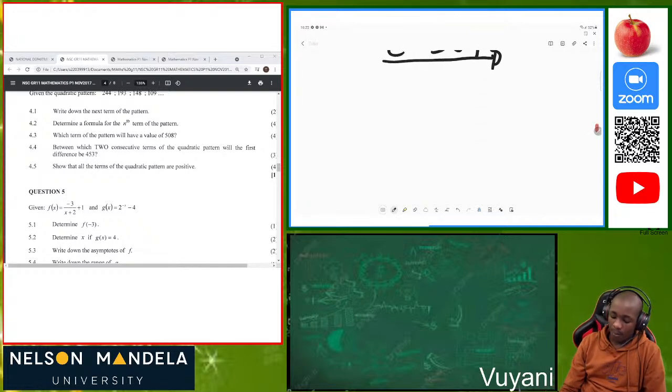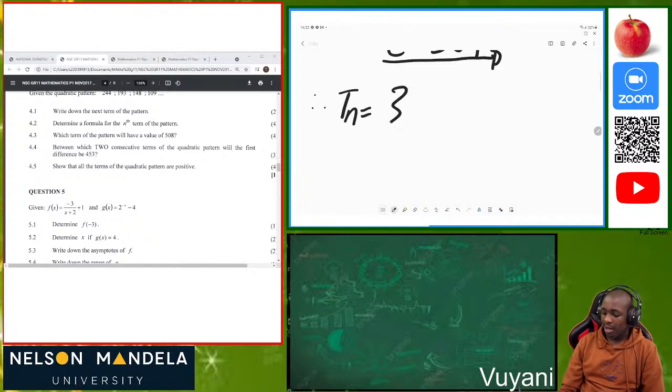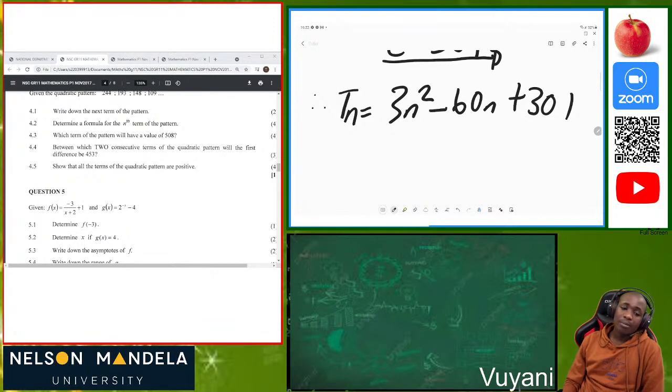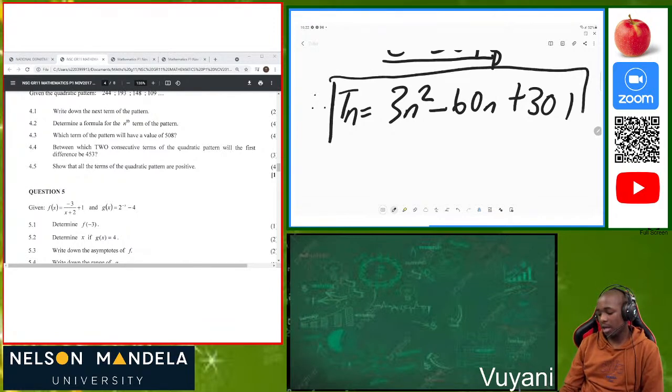Therefore, our Tn will be equal to 3n squared minus 60n plus 301. So this is our Tn.